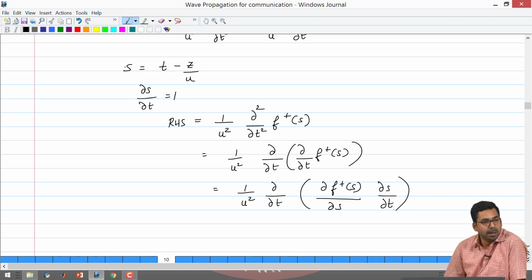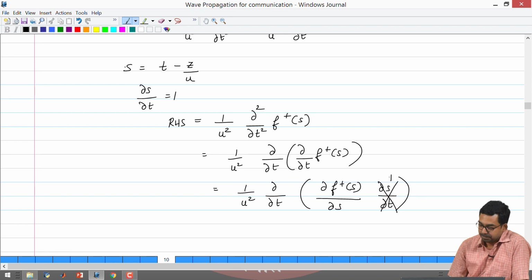You will write in a similar way to what we had done for the left hand side. Dou s by dou t fortunately is equal to 1, right. So, we can cross this term out and mark it as 1, right.